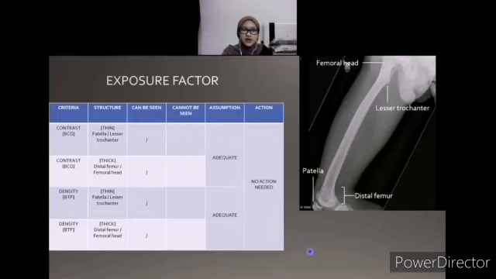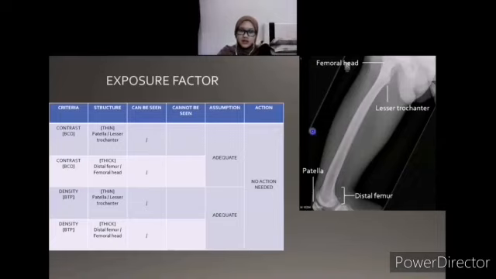For the exposure factor, the KVP used is adequate. This is because the bony cortical outline of the thin structure, which is the patella and lesser trochanter, can be seen, and the bony cortical outline of the thick structure, which is the distal femur and femoral head, also can be seen.